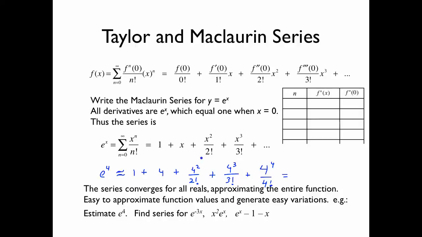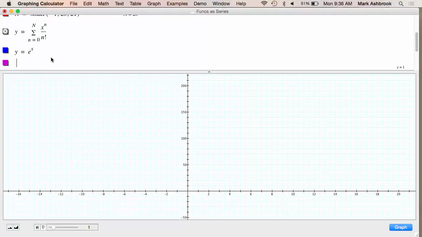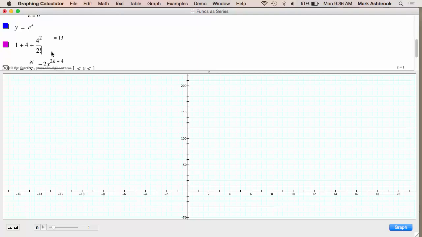So let's see what that is. 1 plus 4 plus 4 squared over 2 factorial, 4 cubed over 3 factorial, 4 to the 4th, and let's do one more, 4 to the 5th.